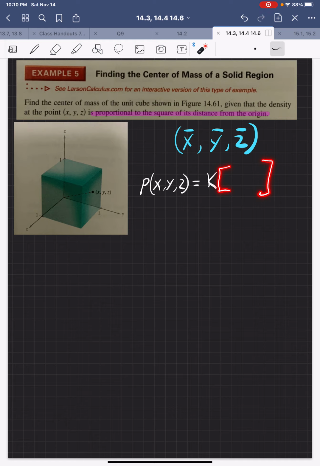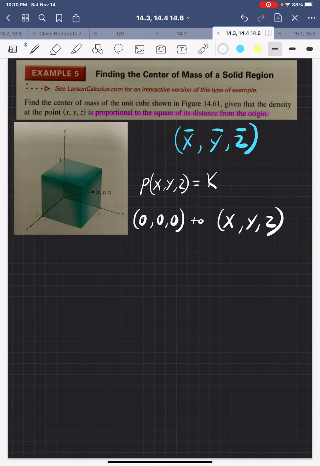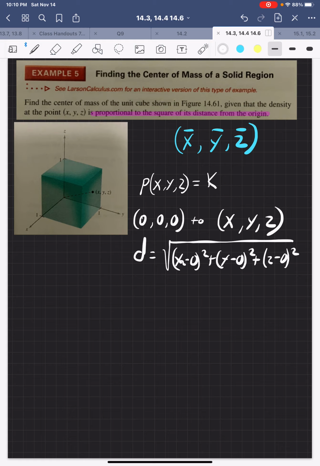Now, proportional to the square of its distance from the origin. The origin is 0, 0, 0, and we go to this arbitrary point on the solid, x, y, z. But distance is quite easy. Distance is just equal to the square root of x minus 0 squared plus y minus 0 squared plus z minus 0 squared.